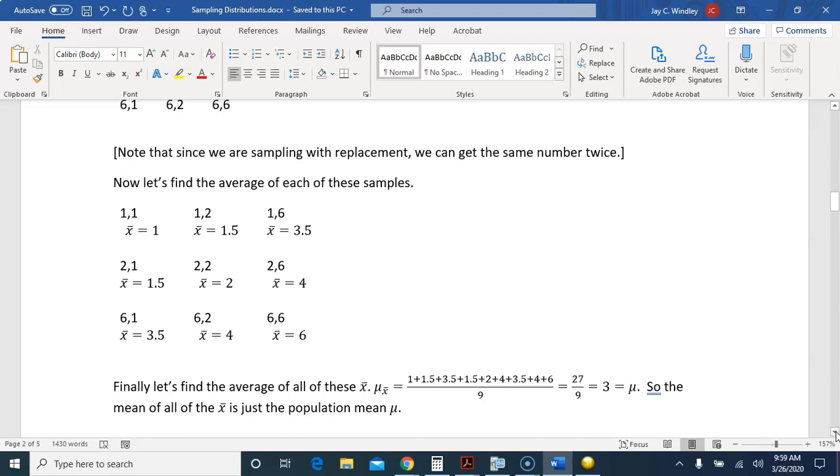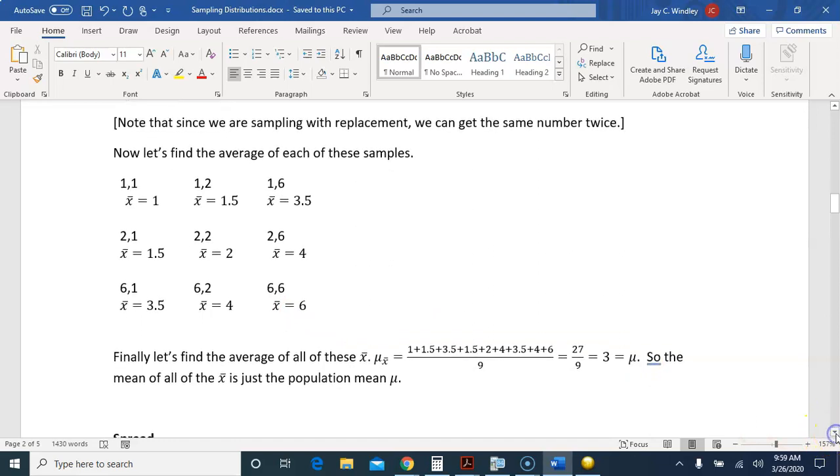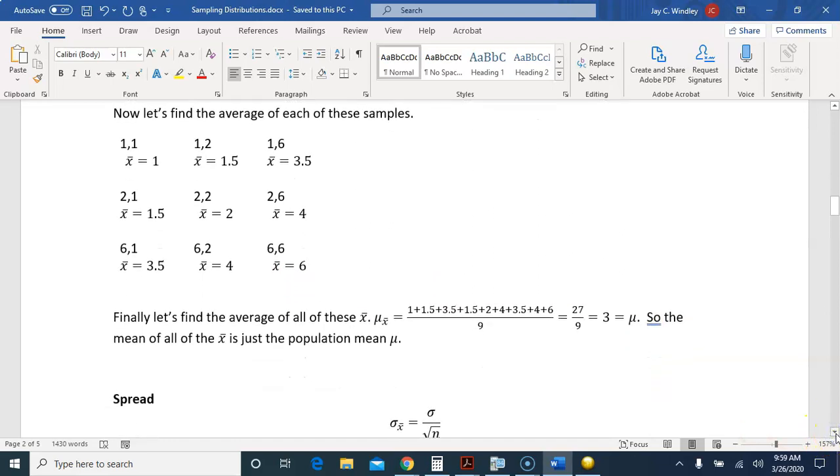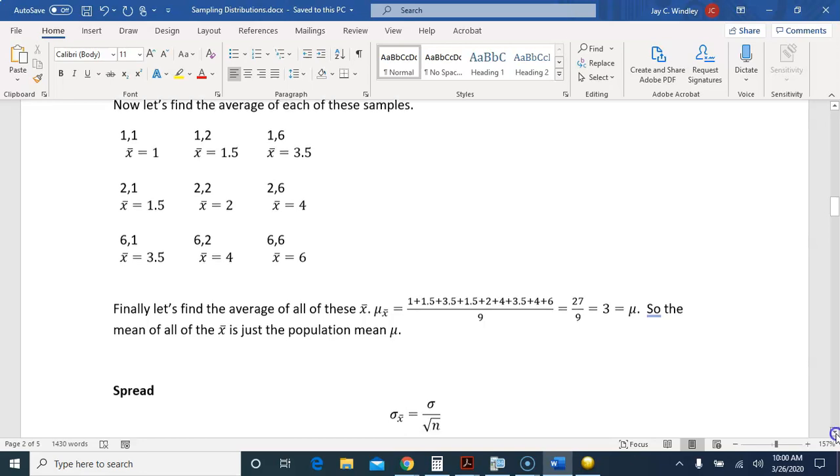That should always happen. What's particularly interesting to me about this is none of our x bars was equal to 3, but yet the average of all the x bars is 3. So that's the meaning of the formula. The mean of the x bars is the population mean, or mu subscript x bar is mu.